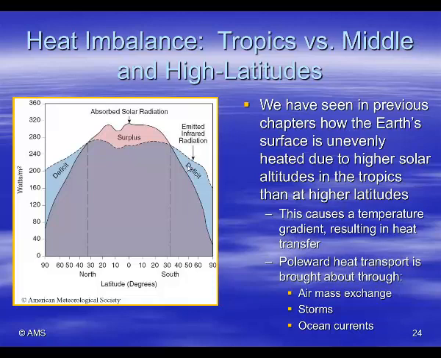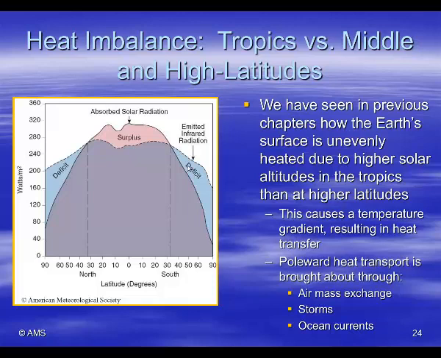So what happens? We find that if we look at the tropics versus the middle latitudes, we've seen in a previous chapter how the Earth's surface is unevenly heated. So in the tropics, we get more direct sunlight, and up at the poles, we get more indirect sunlight. So this causes a temperature gradient resulting in heat transfer.